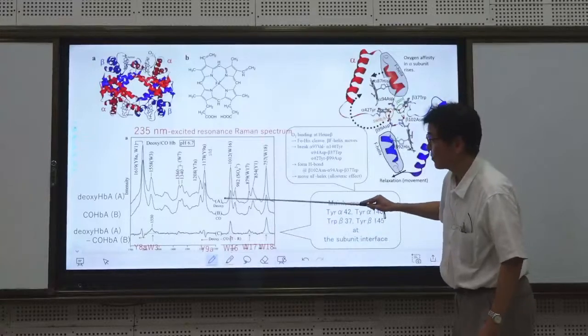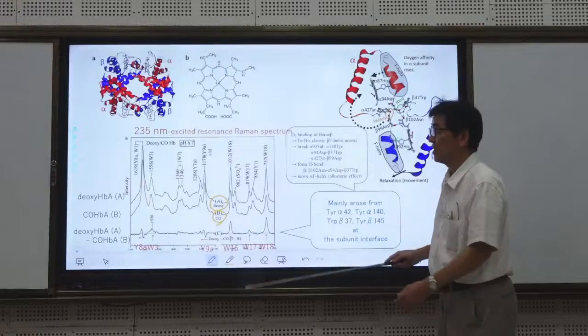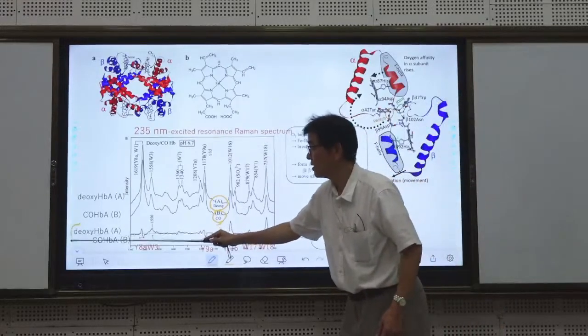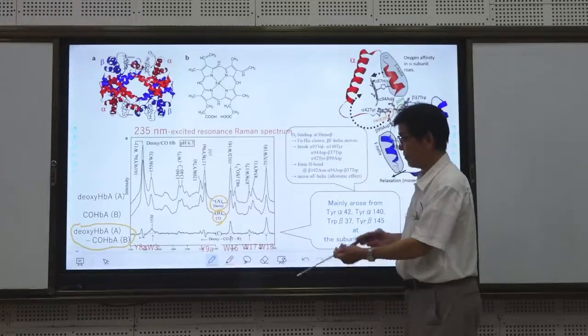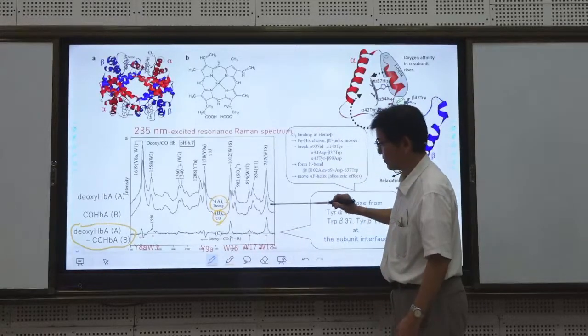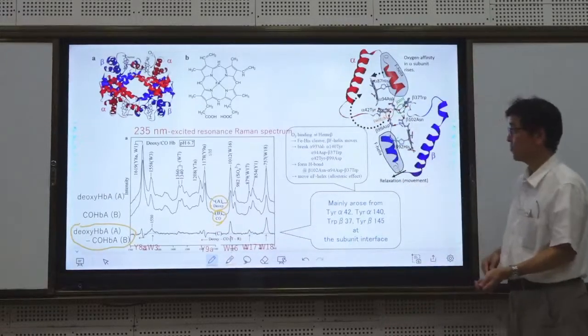Okay? Then they compare the deoxy state and CO bound state. The bottom is the spectral difference, and we see some positive peaks, negative peaks, or peak shifts.